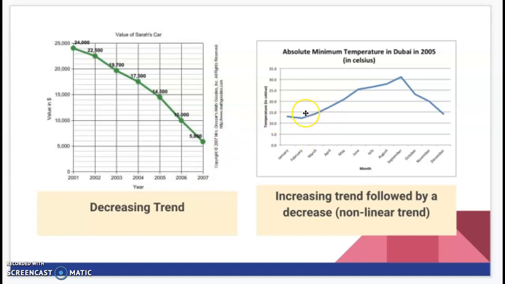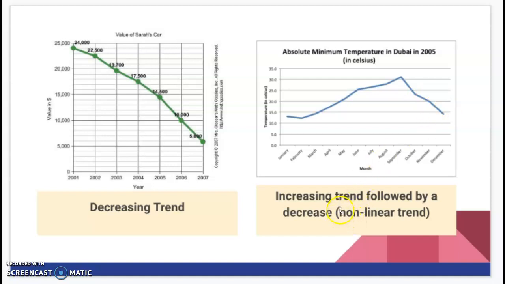And then in this one, looking at that minimum temperature in Dubai, we're looking at an increase in that minimum temperature as we go through October, and followed by a decrease in that minimum temperature.